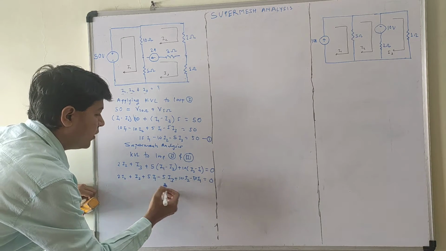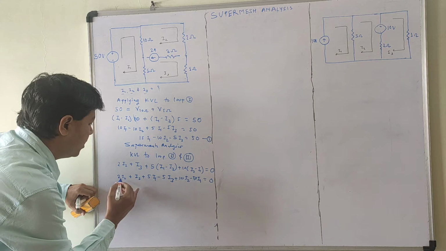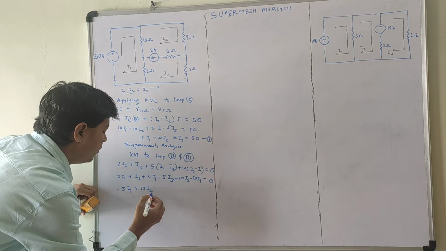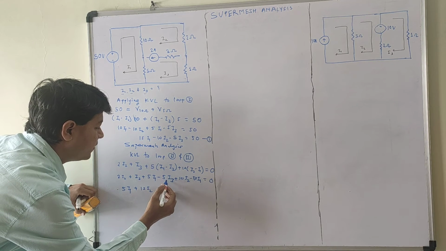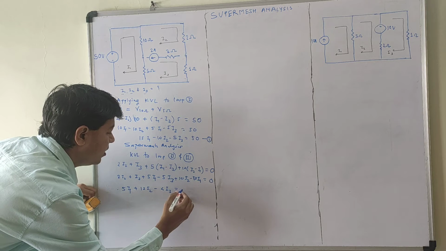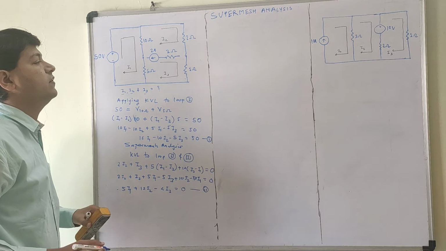Separating the terms, 5I1 minus 10I1 is minus 5I1, 2I2 plus 10I2 is 12I2, and I3 minus 5I3 is minus 4I3. This is your second equation.